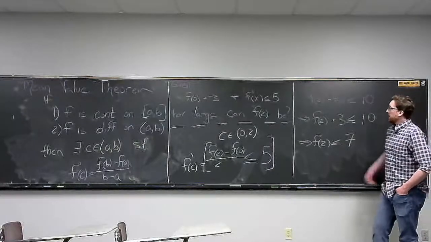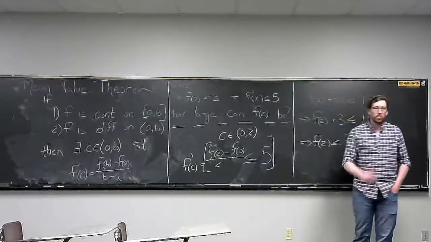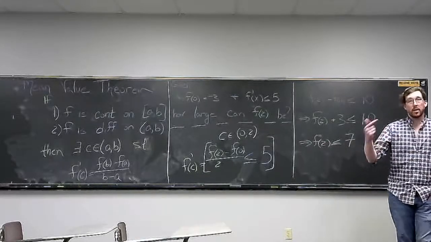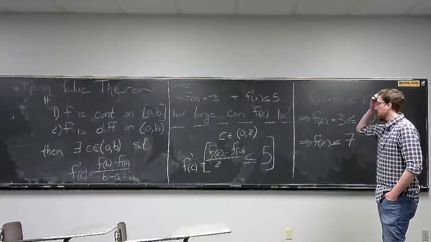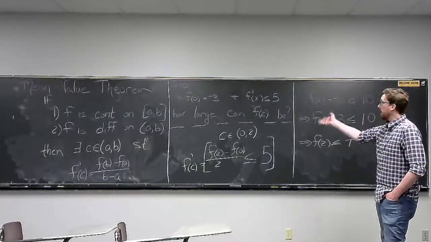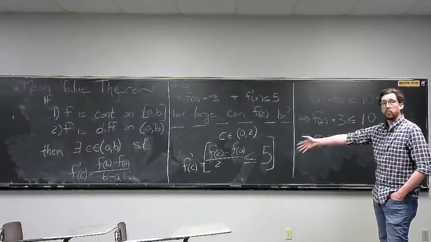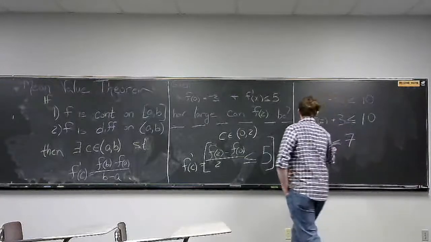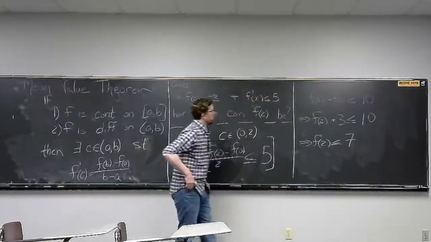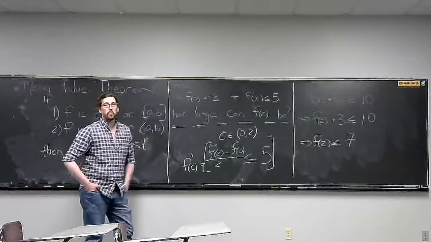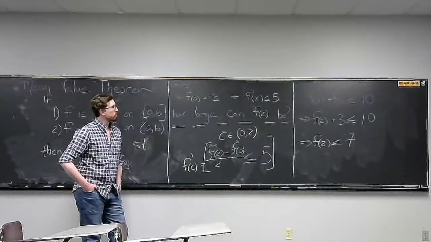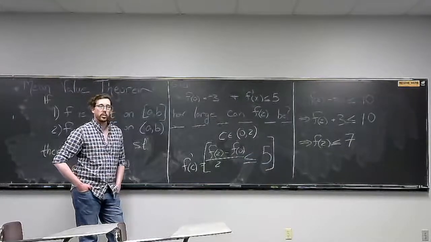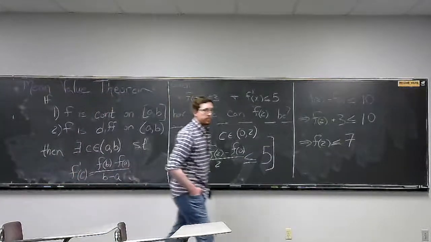So we're assuming in this example here that our function is differentiable and continuous according to the conditions of the mean value theorem, in which case we were able to set up an inequality that let us bound f of 2 from above. Cool. That makes sense. Let's keep moving on.